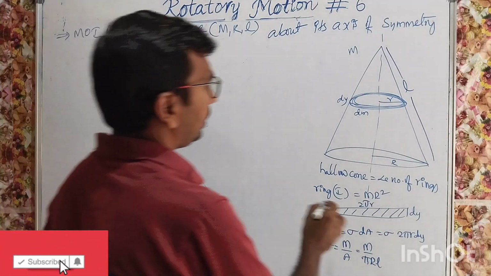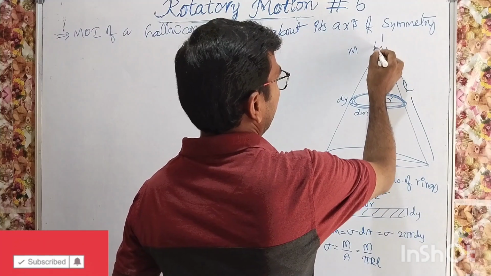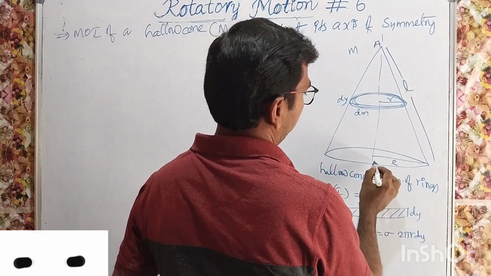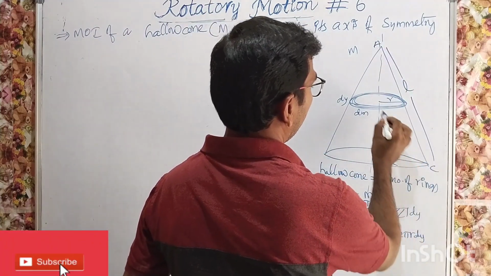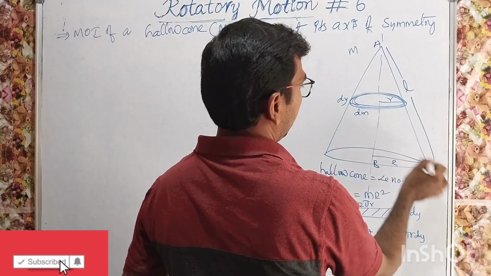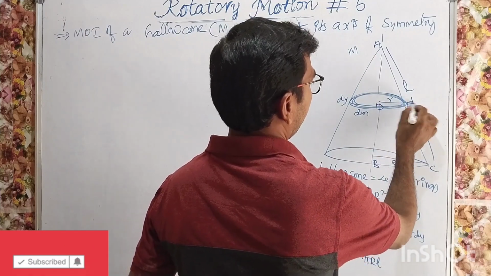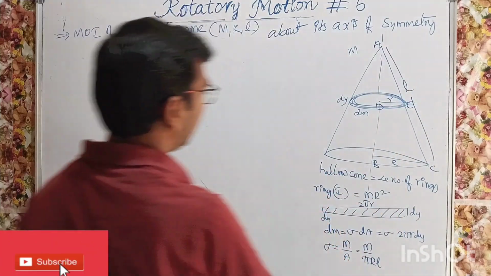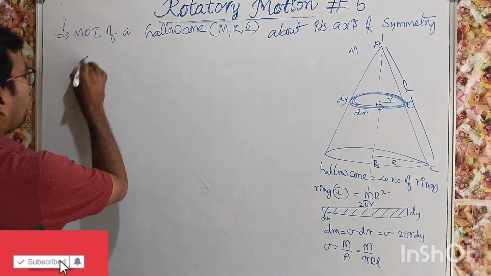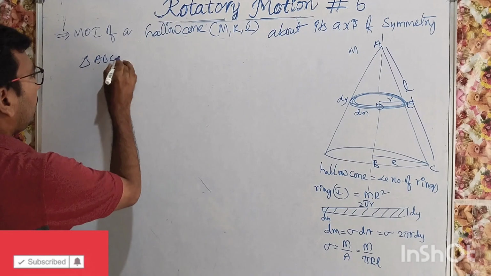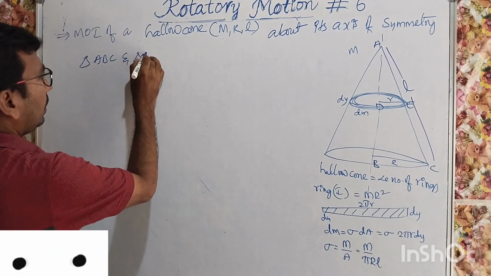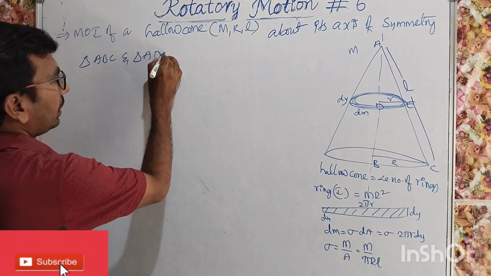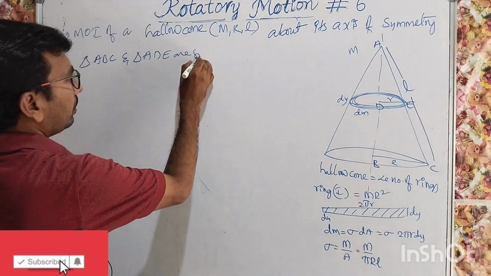So here, this is triangle ABC and this one is ADE. So triangles ABC and ADE are two similar triangles.